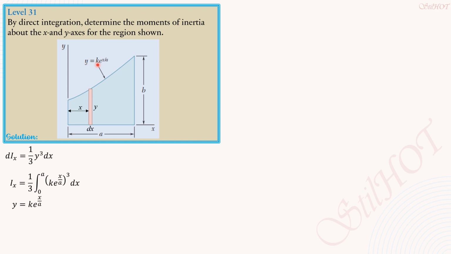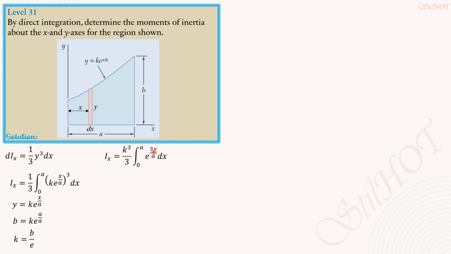From y equals k e^(x/a), b is equal to k e^(a/a), and a over a is 1, so this is just e. k therefore is b over e. Then substitute here, k cubed, so Ix is k cubed over 3 integral 0 to a of e^(3x/a) dx.